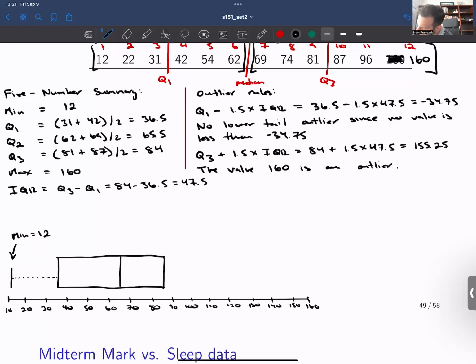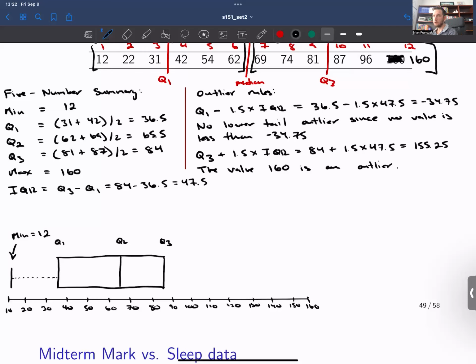And then this again is Q1, Q2, Q3. If there are no outliers, the minimum and the maximum values are the minimum and the maximum from the data set.